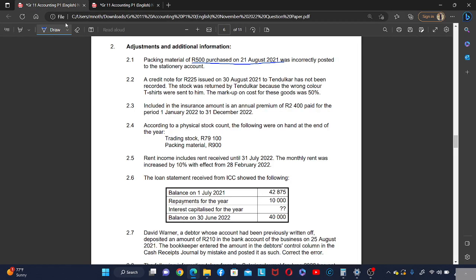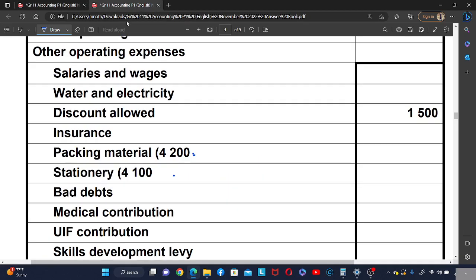So what are they saying? They are saying that we bought a packing material, but it was recorded in a stationery account. When we bought packing material, we were supposed to increase the packing material. So let's increase it because we made an error.